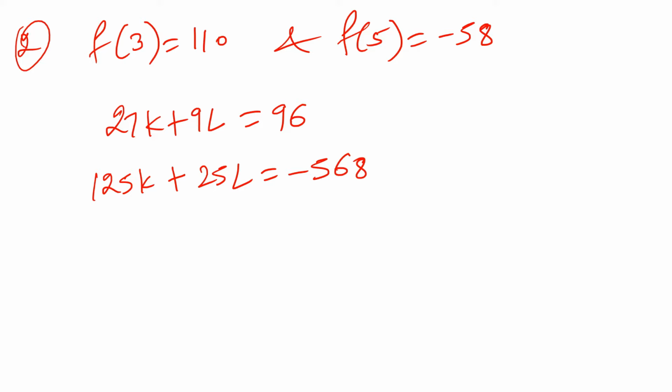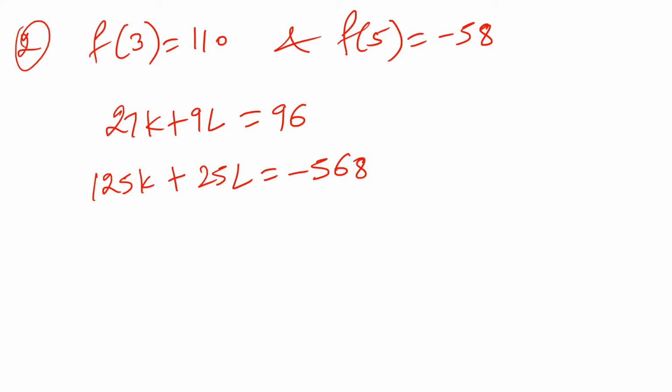Fine. And if you try to solve this set of equations, clearly you can see the answer for k will be in fractions. It is not going to be an integer. Now let me show you.